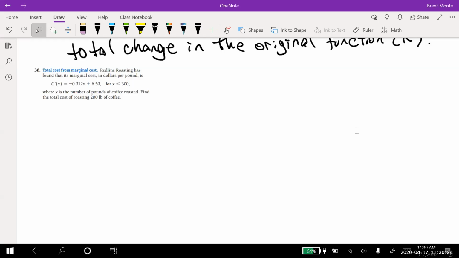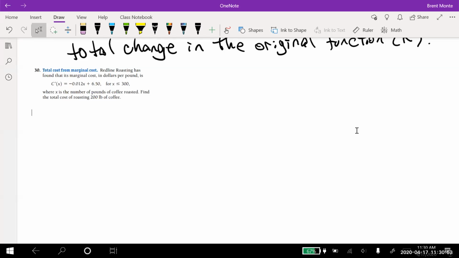So they're saying that X less than or equal to 300, they're just saying the marginal function, we don't know if it still holds past X equals 300, where X is the number of pounds of coffee roasted. Find the total cost of roasting 200 pounds of coffee. And notice, if we had the cost function, we could plug in the 200 and just figure it out. We don't have the cost function. All we have is the marginal cost function.